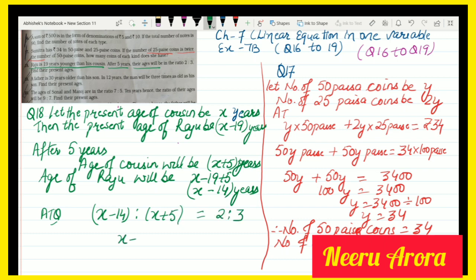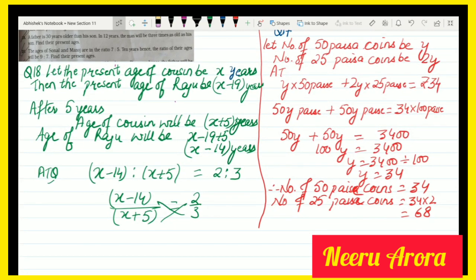Let's solve it. The ratio we can also write in division form, x minus 14 upon x plus 5. We have done the cross multiplication method in the previous exercise, so let's do the cross multiplication.